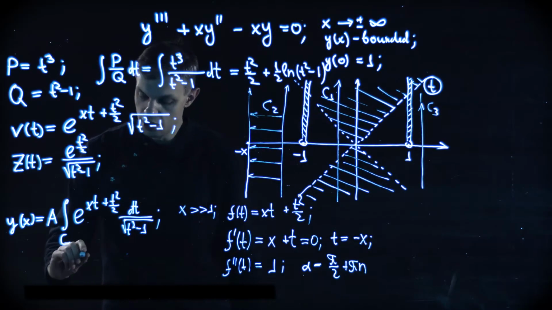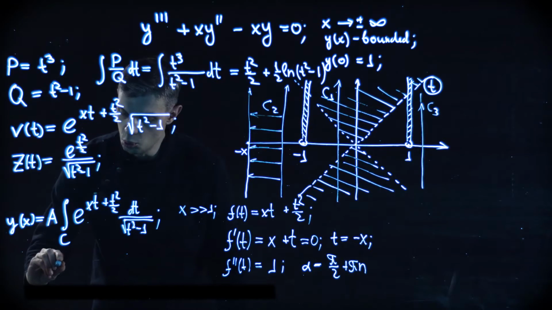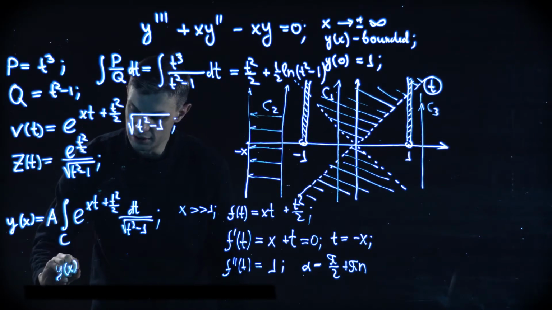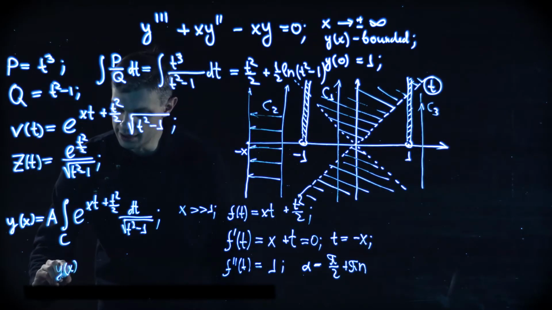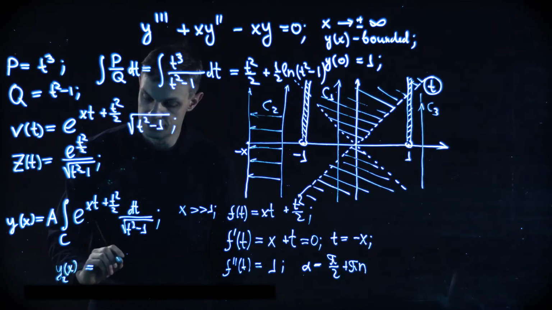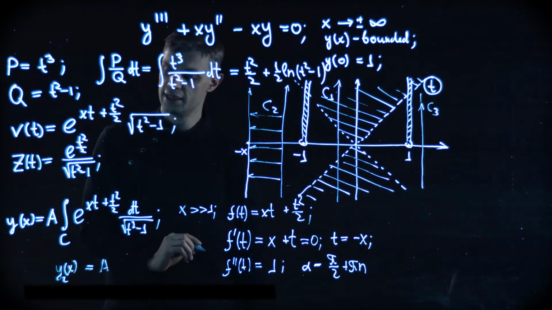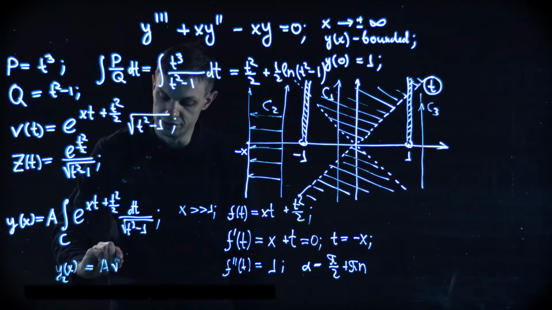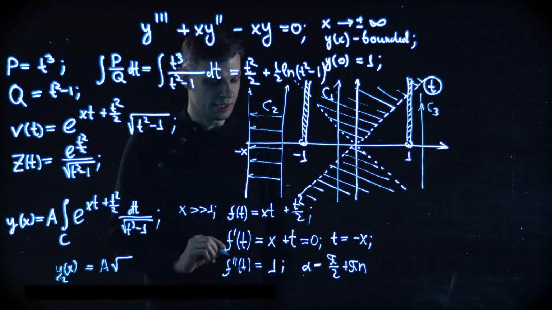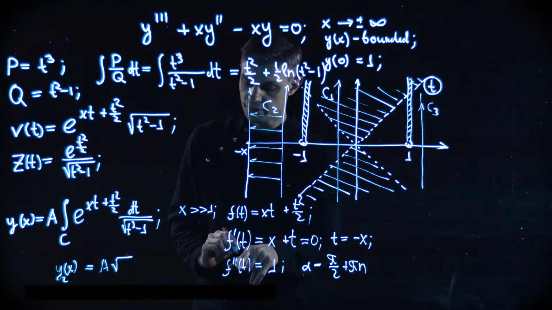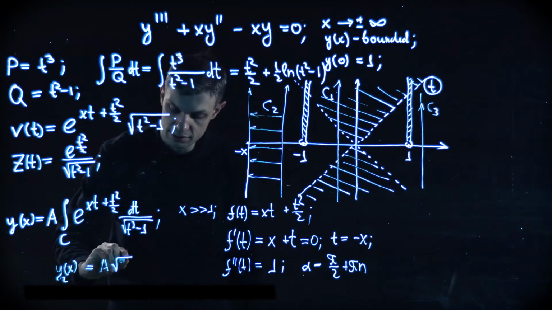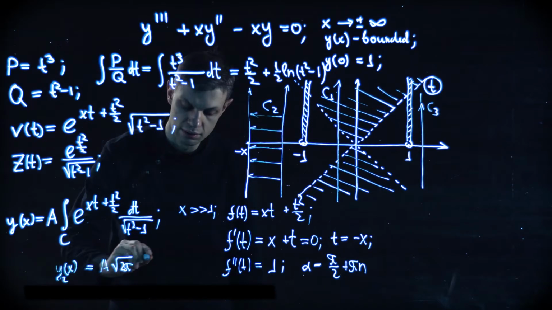Right, so here we go. Y of x. So let's call the solution y2 of x. Now is equal to a times the square root of 2 pi, right?